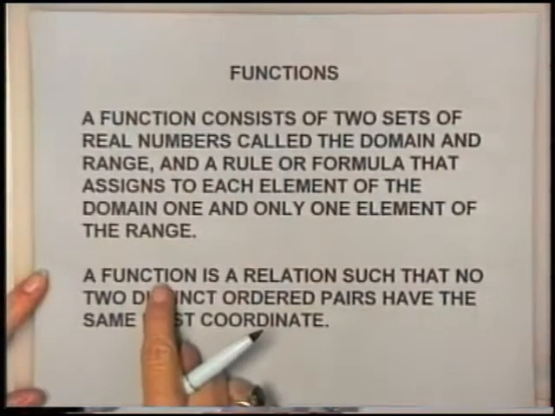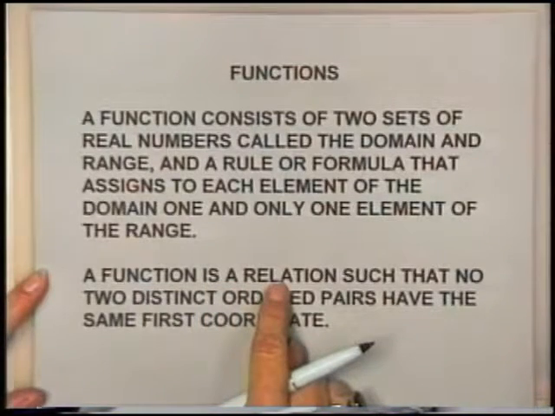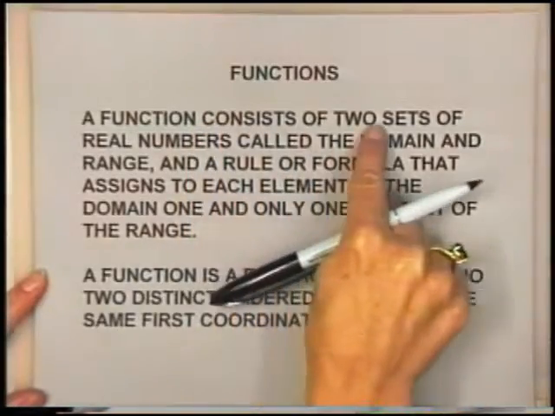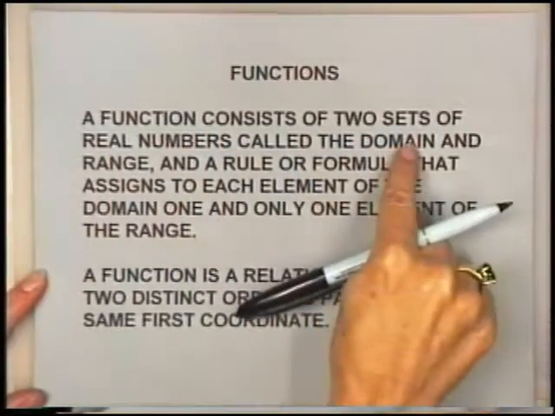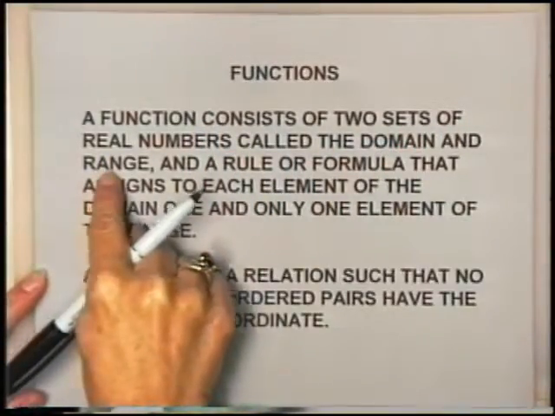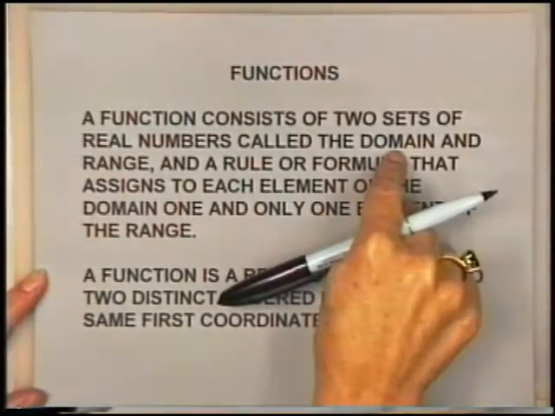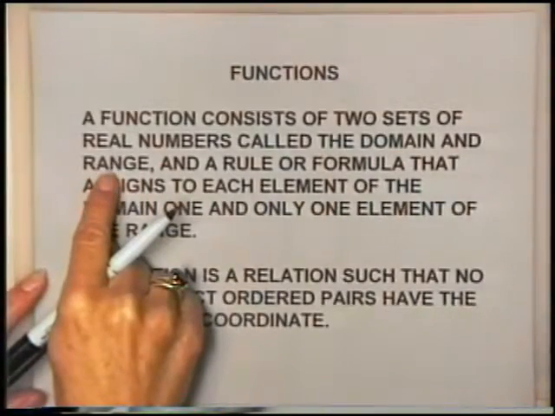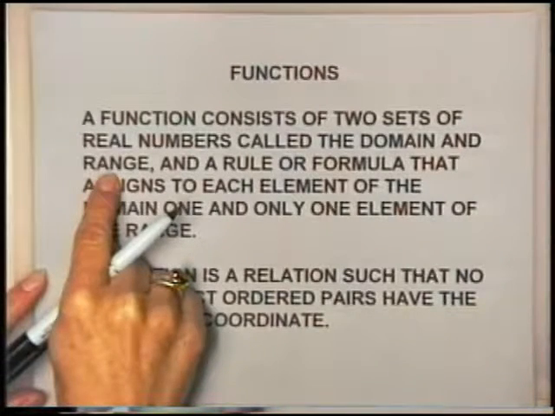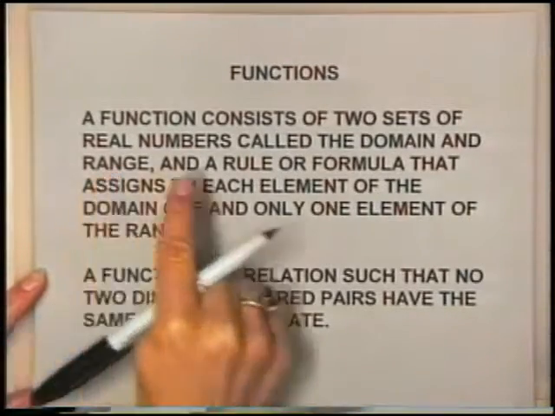Now, why would we say that a function is a relation? Well, let's see what's happening up here. A function consists of two sets of numbers called the what? Domain and range. We've discussed domain is the first coordinates and range is the second coordinates. So it's implying here that we have a set of ordered pairs, doesn't it?